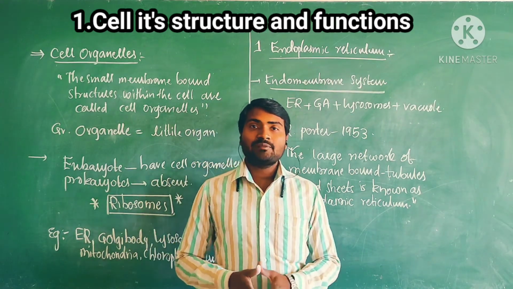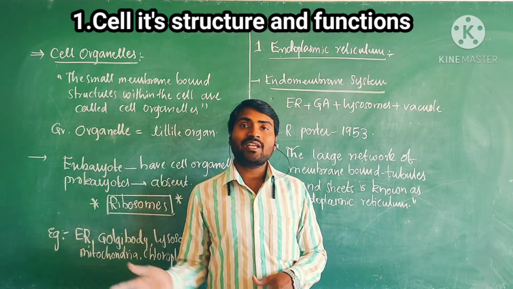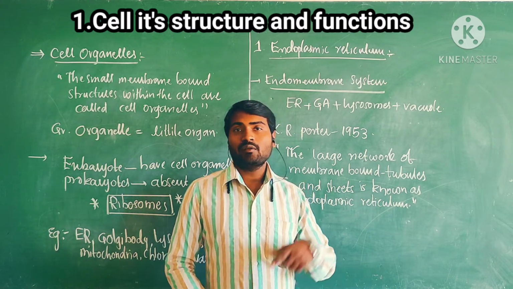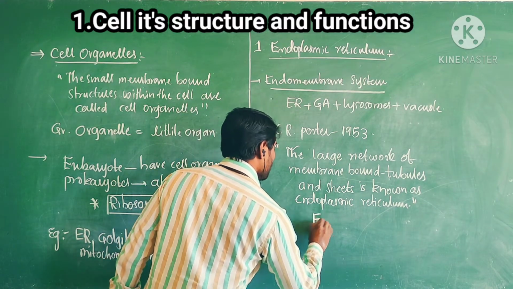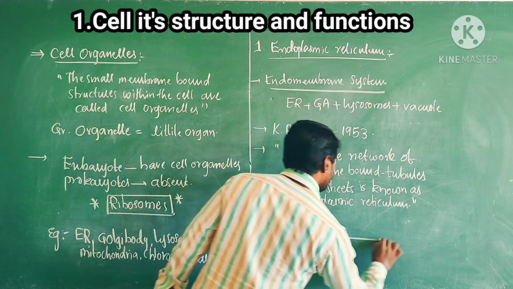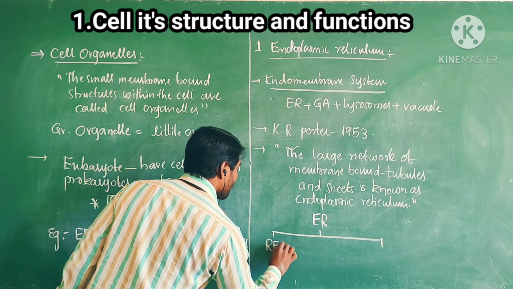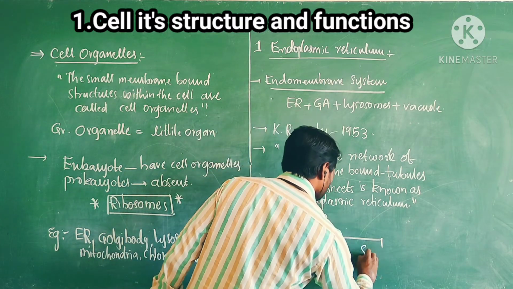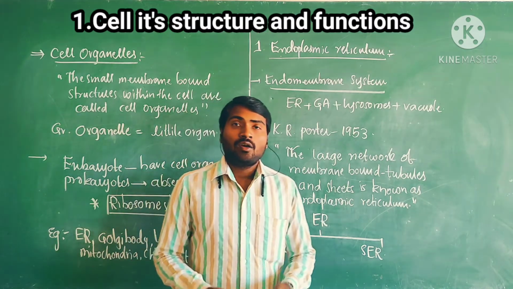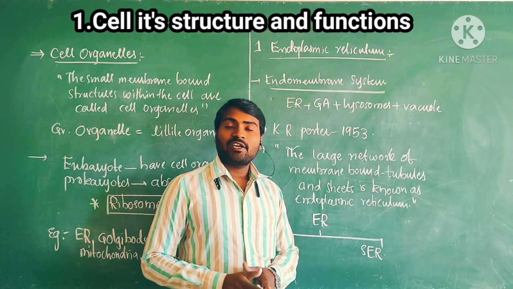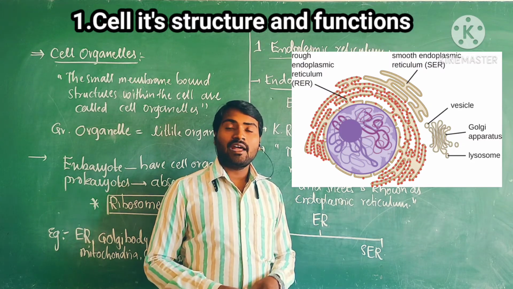Based on its structure, the endoplasmic reticulum is broadly categorized into two types: rough endoplasmic reticulum (RER) and smooth endoplasmic reticulum (SER). Why is it called rough endoplasmic reticulum? Because on its surface ribosomal granules are present.